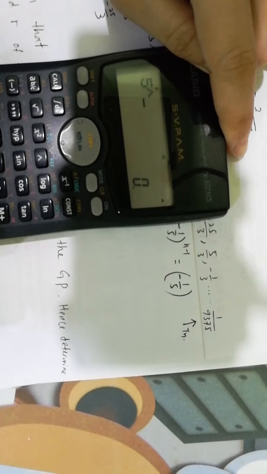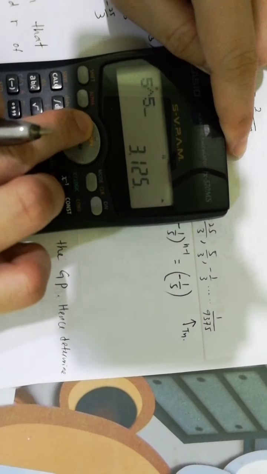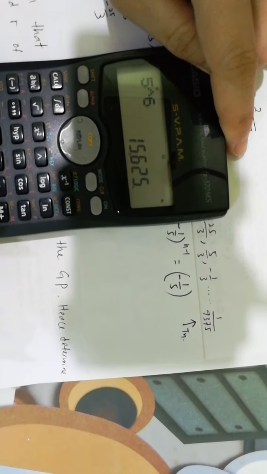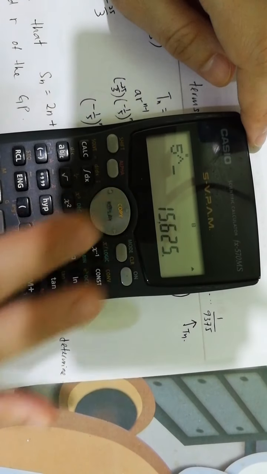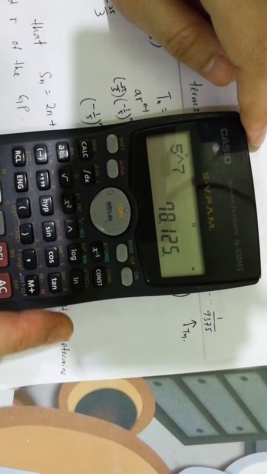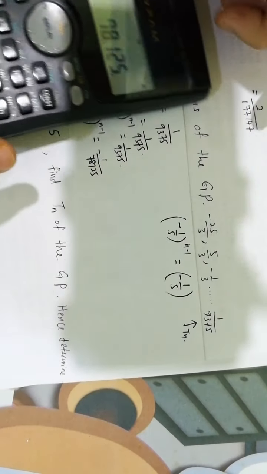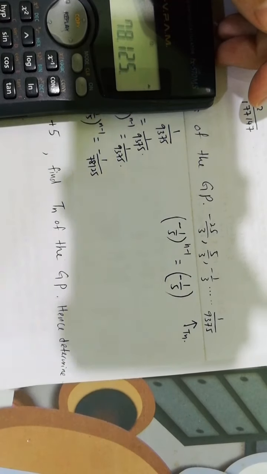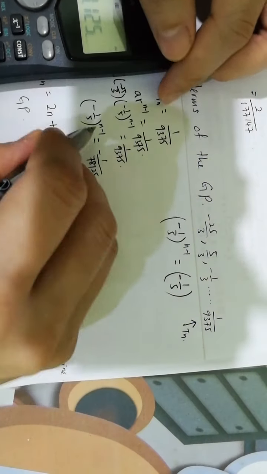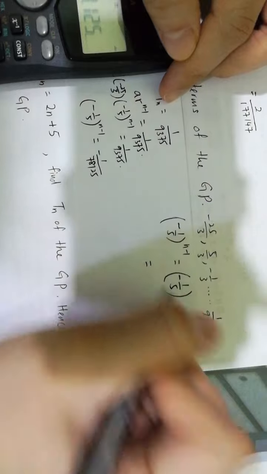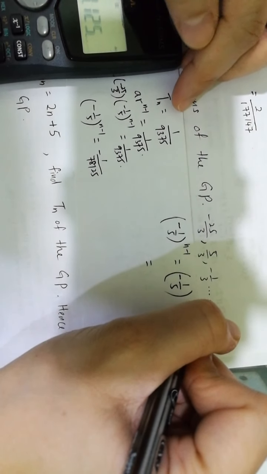I try 5 power 5, cannot get. 5 power 6, still not there. That one is 5 power 7. Yes, just nice. So we have to try one by one. Normally it will not be more than 10. Or if not, you will have to use log, straight away use log. So this is power 7.